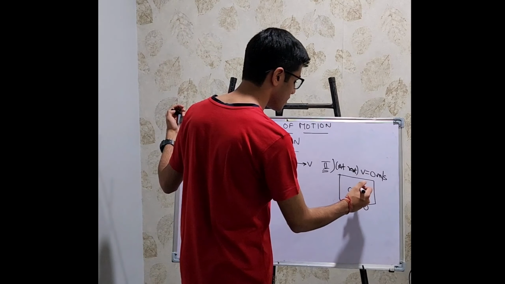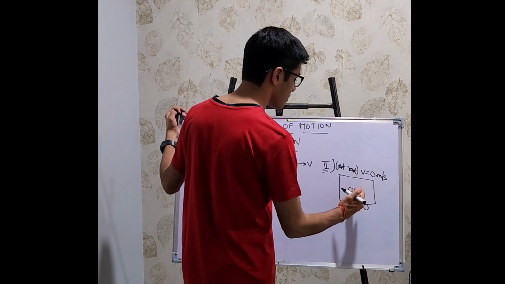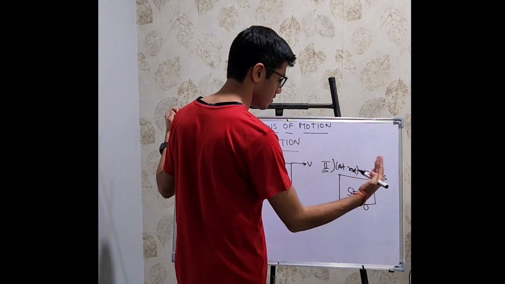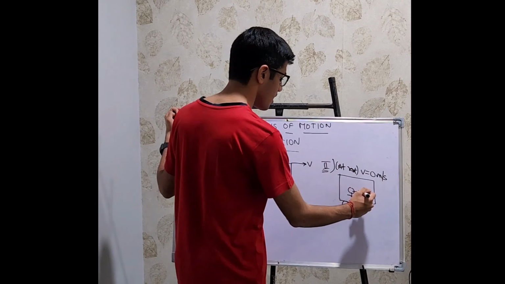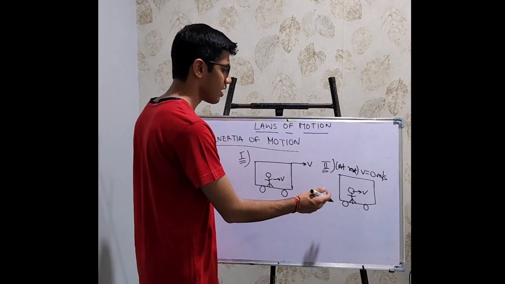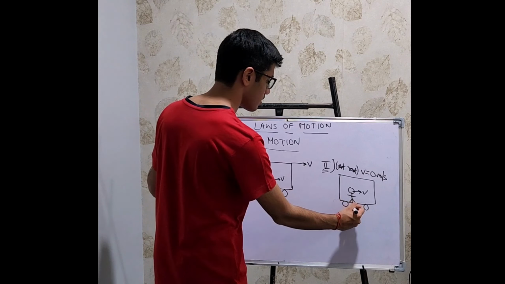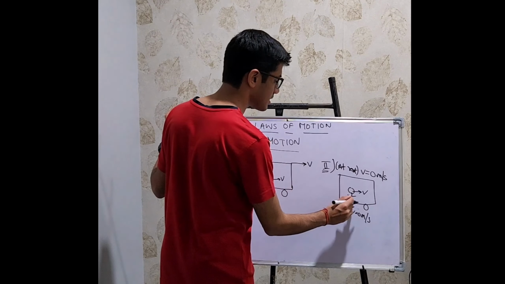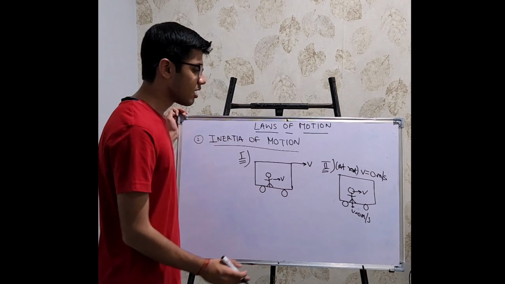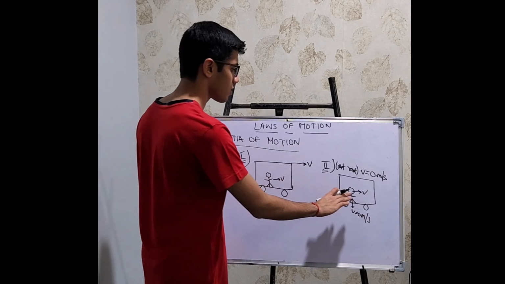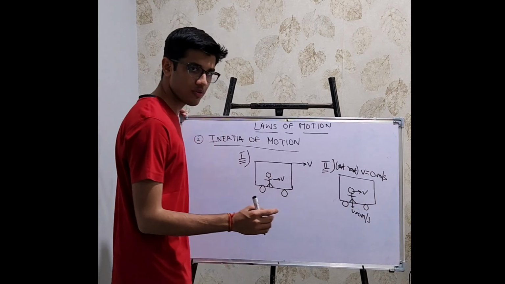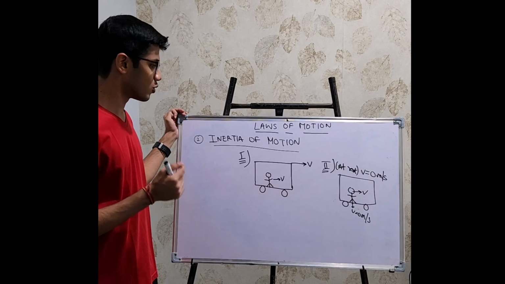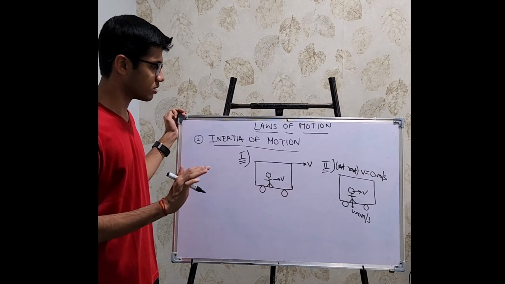So half of our body will move forward with the same velocity v, and the legs right here will stop because the bus has stopped and the legs are attached to the floor of the bus. Therefore we experience a jerk forward in this case. In inertia of rest, we experience a jerk backwards, and in inertia of motion, we experience a jerk forward.